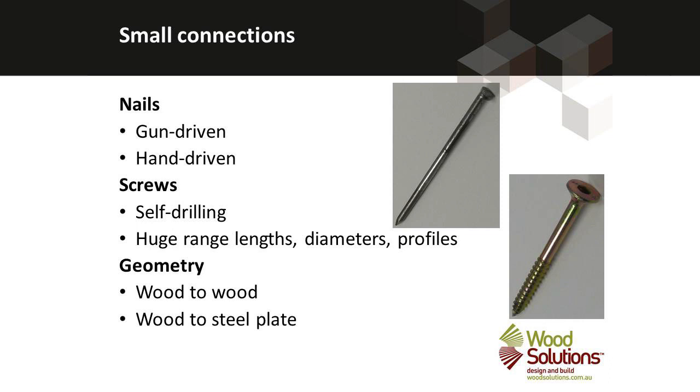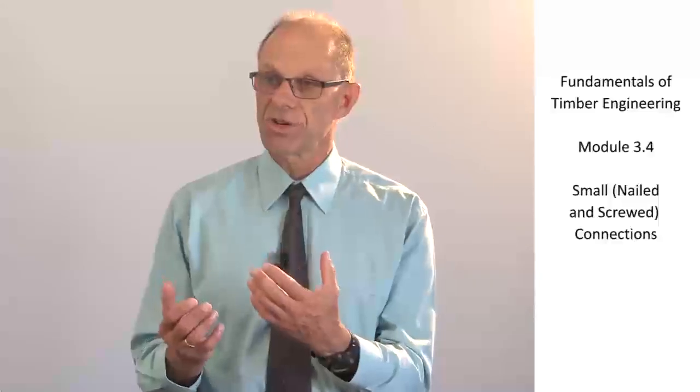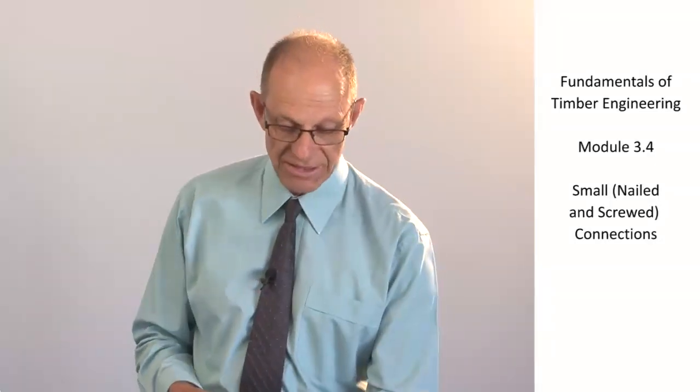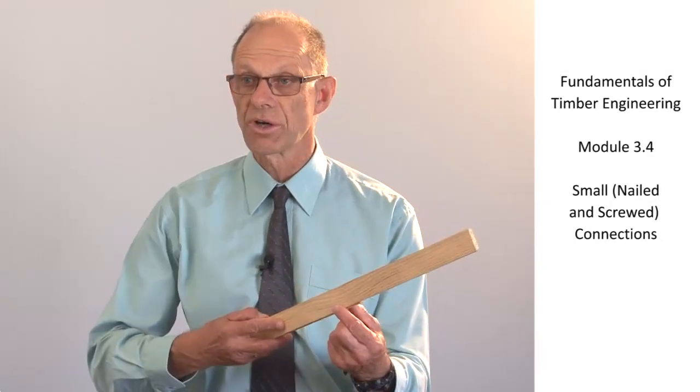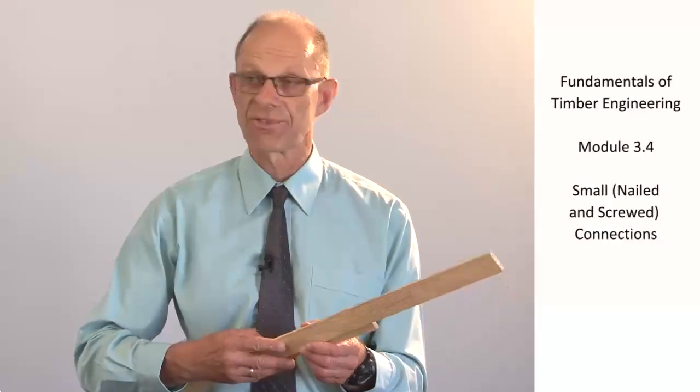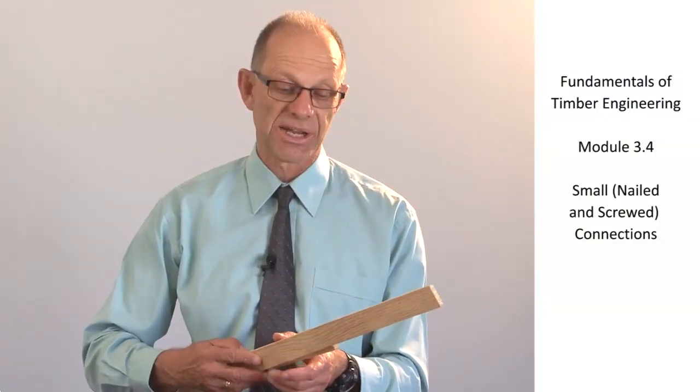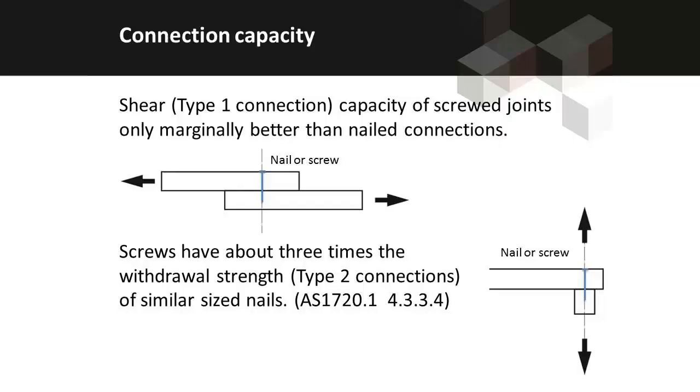Screws can be driven by machines as well, and that lessens the cost of their installation, but their installation costs are still a little bit more than nail costs. In terms of geometry, we can use screws and nails to fasten wood to wood, or we can use screws and nails to fasten steel plates to pieces of timber.